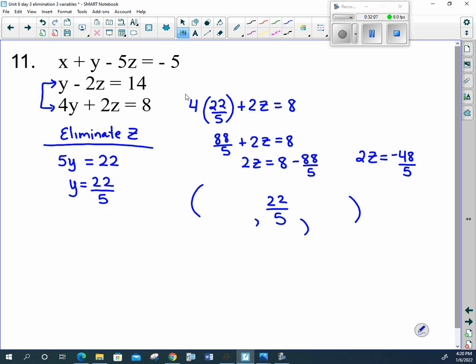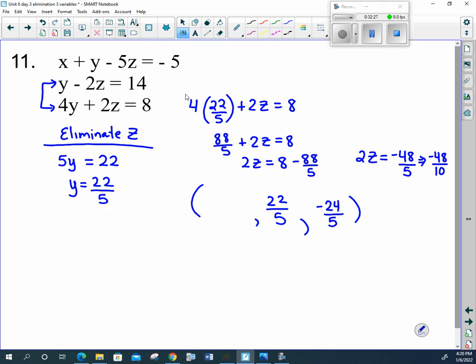And then we're going to divide by 2, and since there's already a fraction there, you're going to end up with negative 48 over 10. That's what z is. And that fraction will reduce to negative 24 over 5. Okay, so there's z.